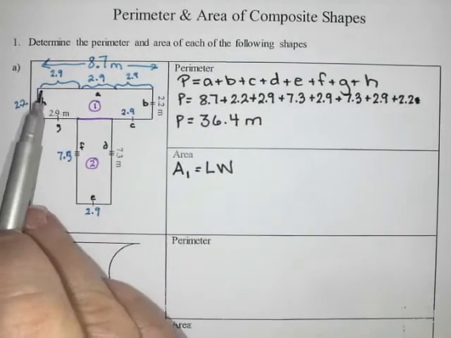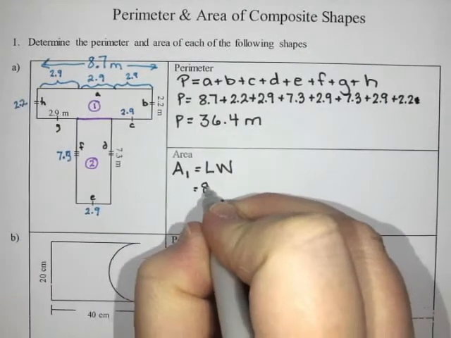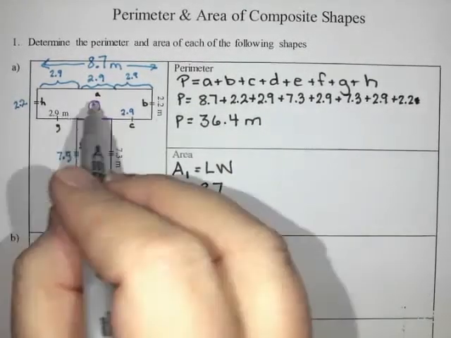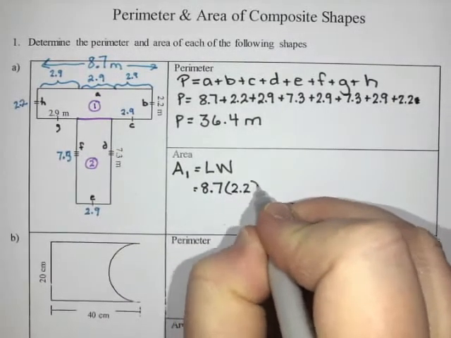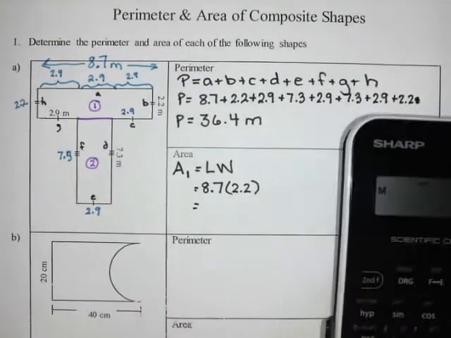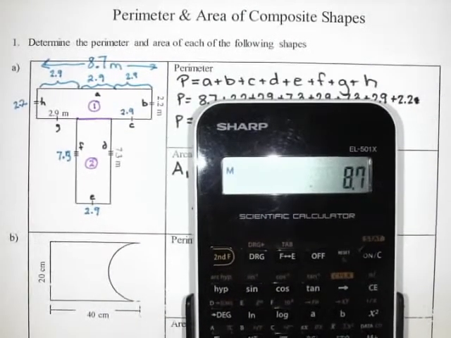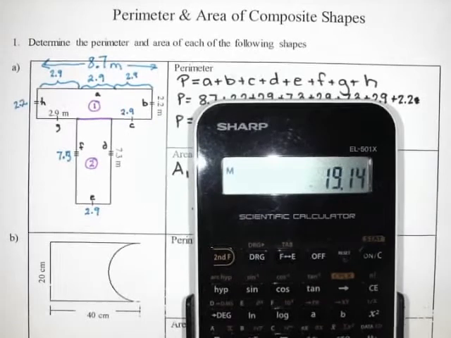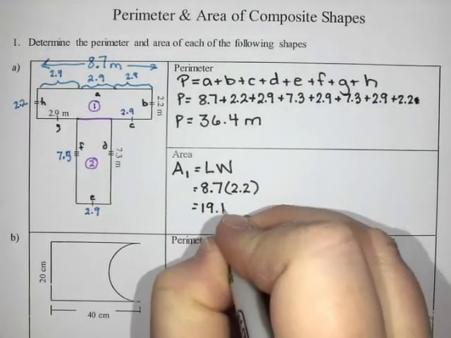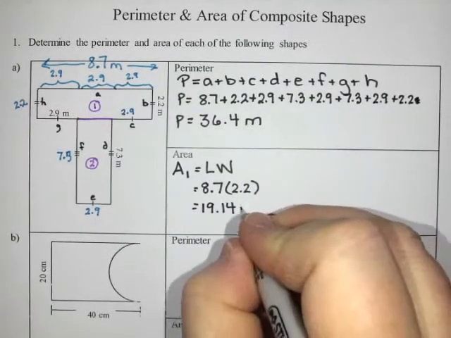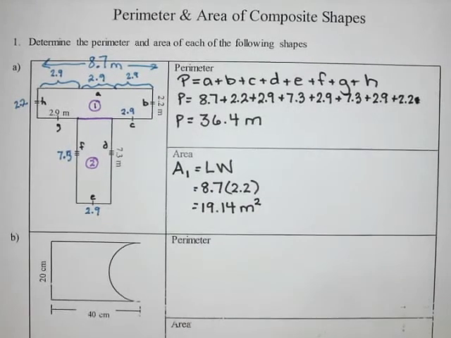The length I believe is 8.7, and the width would be 2.2. Using my calculator, 8.7 times 2.2 is 19.14. So the area of the first shape is 19.14 meters, and because I multiplied meters times meters, it's meters squared.